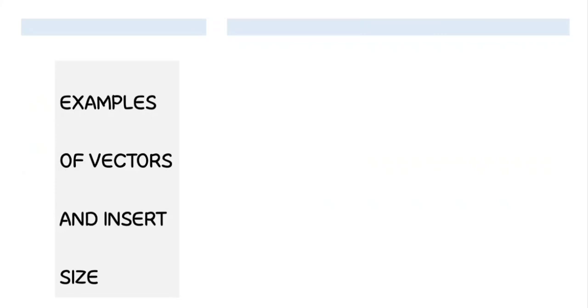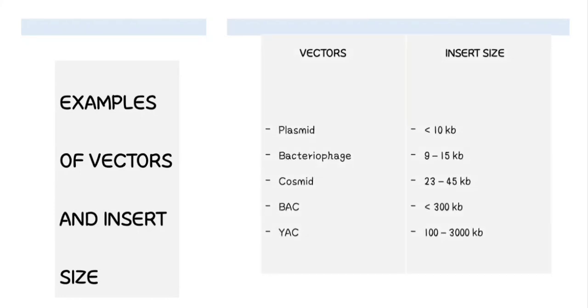Now here come examples of vectors and insert size. As I told you, depending on the insert size, we use different kinds of vectors. So here is a rough idea of how large the insert should be for each vector. When we are using a plasmid, our insert size should be less than 10 kb. While using bacteriophage, it should be 9 to 15 kb.